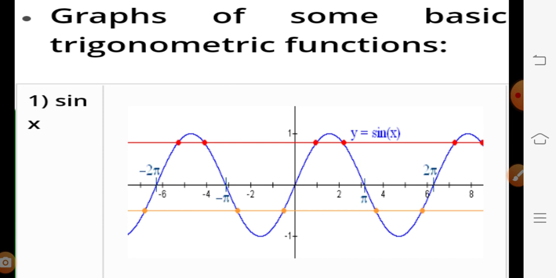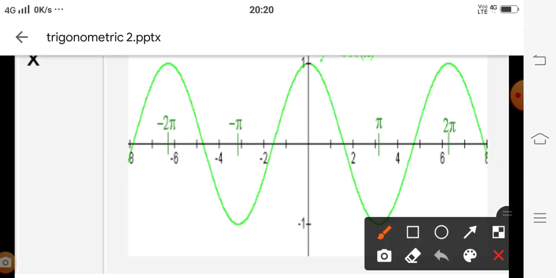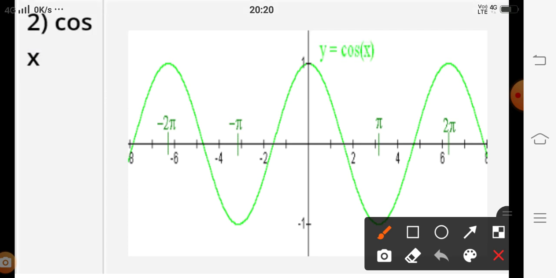Same for cos. If you plot the graph for cos theta, and put the value of x as 0, pi by 6, pi by 4, pi by 3, then you get the graph like this. Cos 0 is 1 and then it decreases. Cos 90 we get 0.